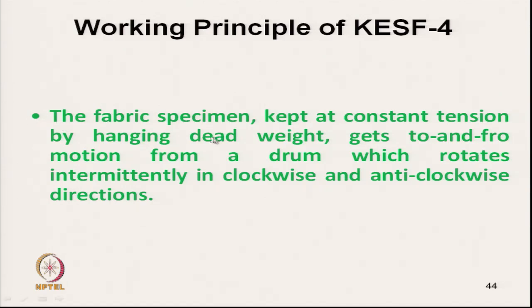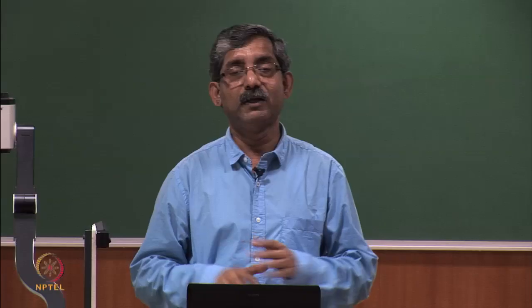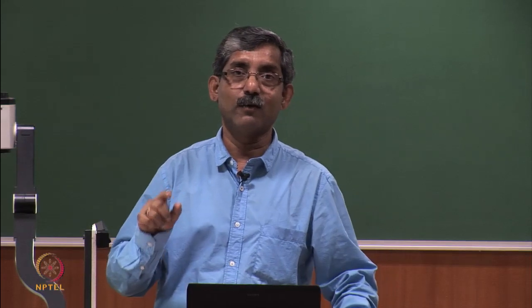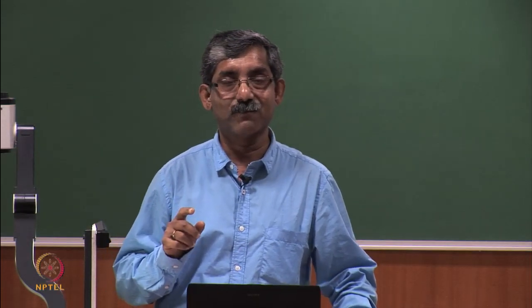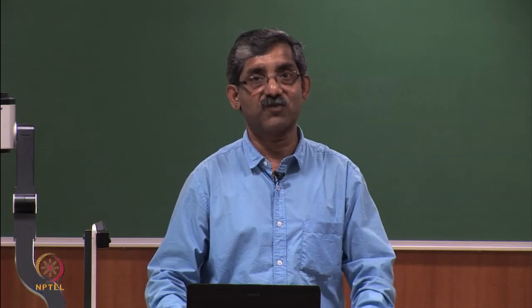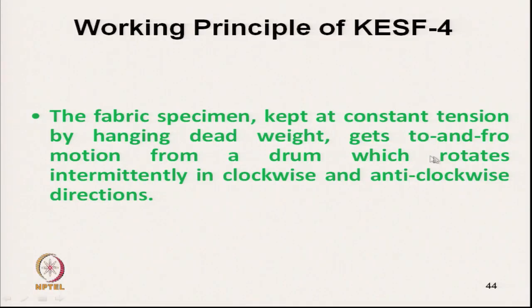The fabric specimen is kept at constant tension by hanging a dead weight. We cannot leave it loose, otherwise we will not be able to measure the surface characteristics, because the fabric specimen has to be straight and get a to and fro motion from the drum, which rotates intermittently in clockwise and anti-clockwise direction.